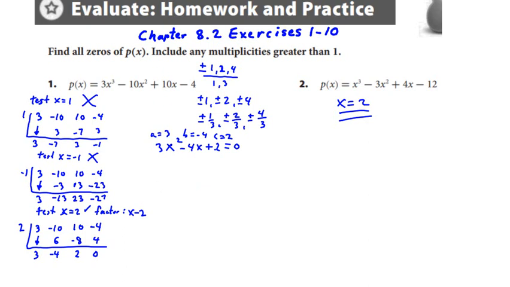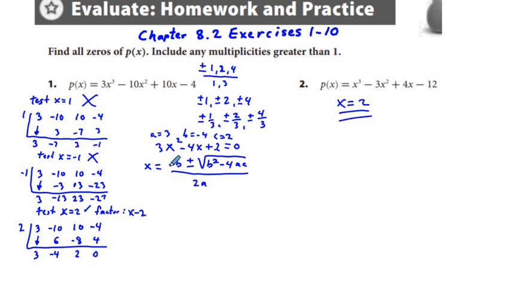To do this, we're going to use the quadratic formula, which is x equals negative b plus or minus the square root of b squared minus 4AC, over 2a.